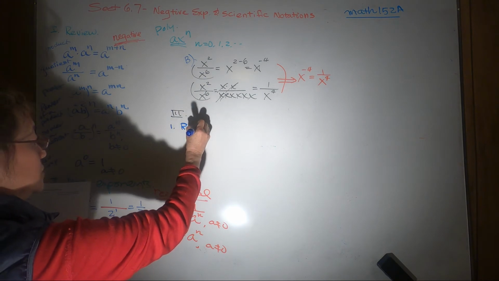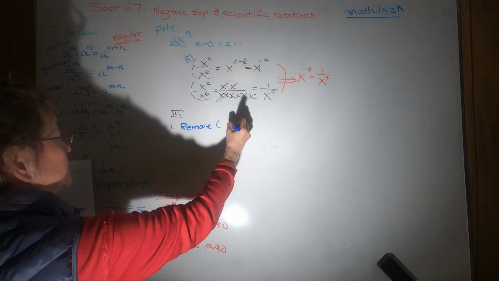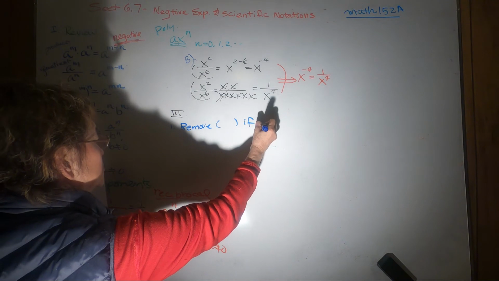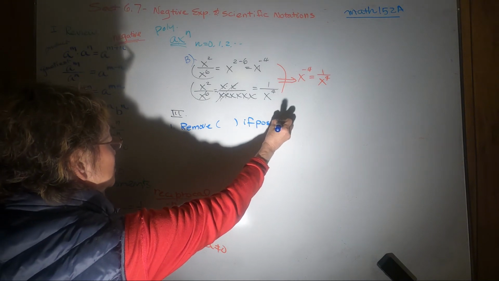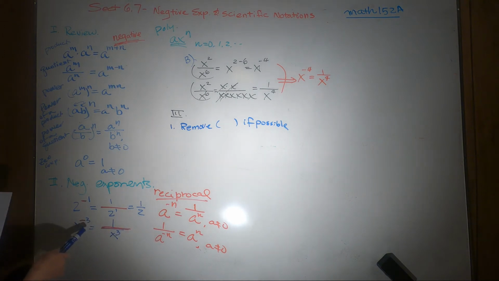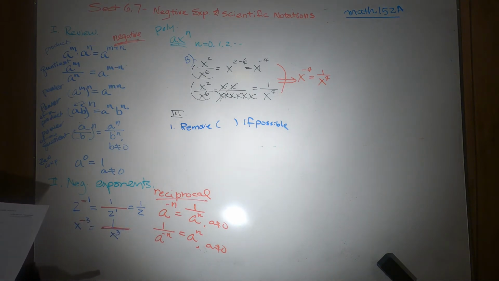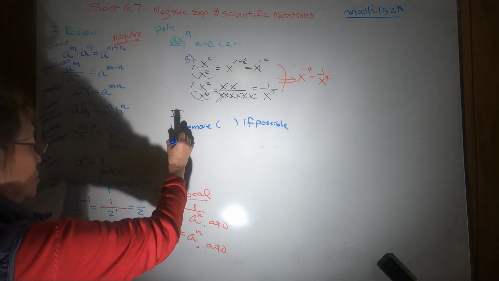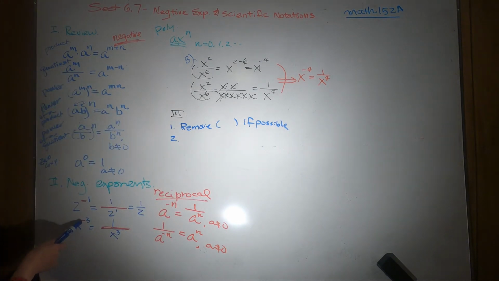So usually we will remove parentheses if possible. We write each individual variable with its individual power, right? Then we don't want to show the answer in negative exponents. Okay, we write it this way so we can see better.